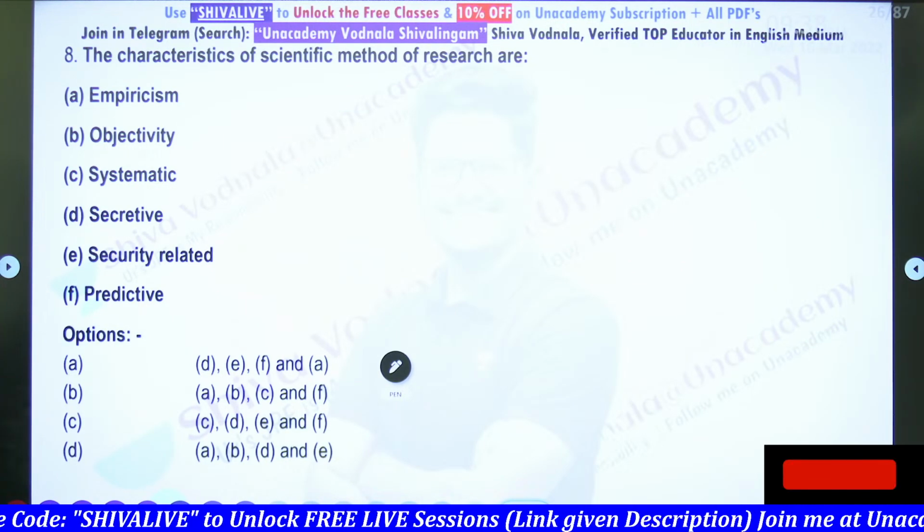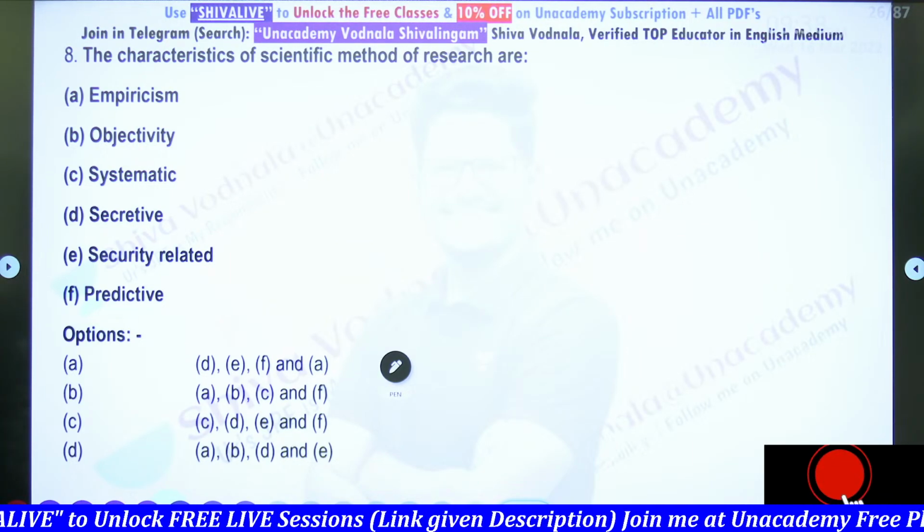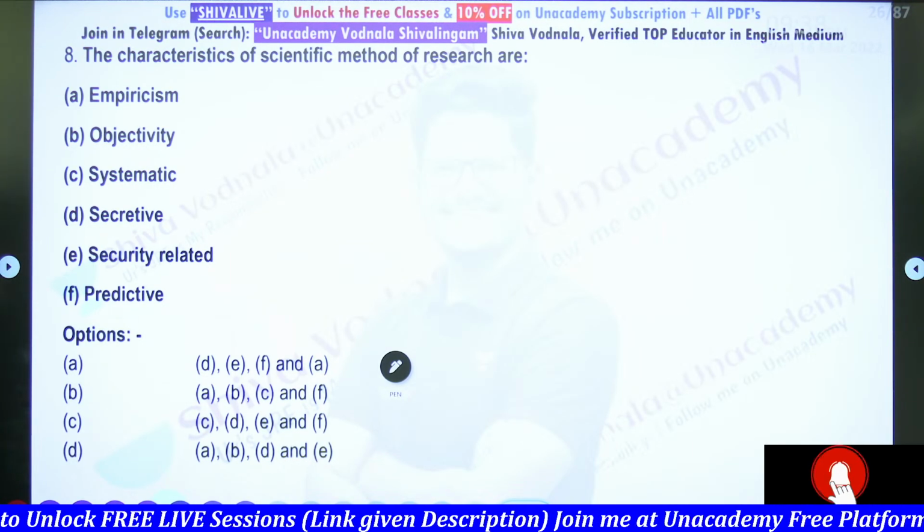The characteristics of a scientific method of research are empiricism, objectivity, systematic, secretive, security related, predictive.